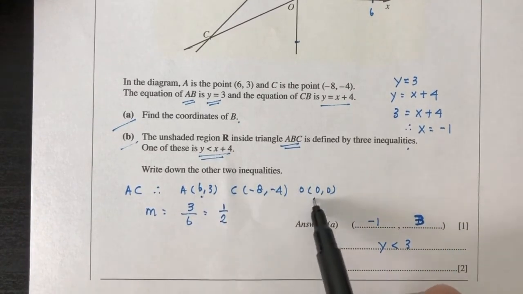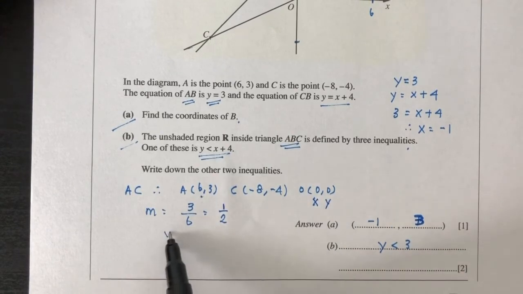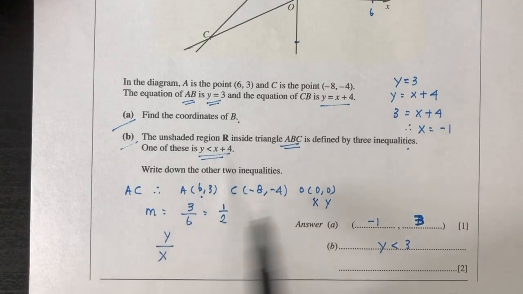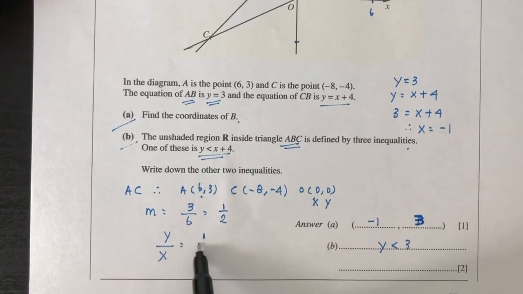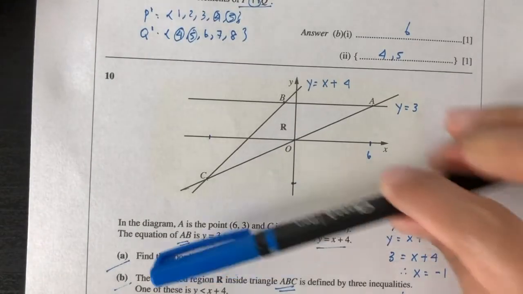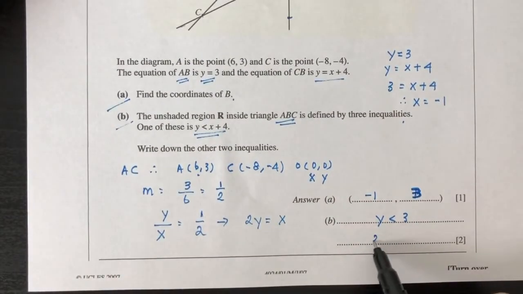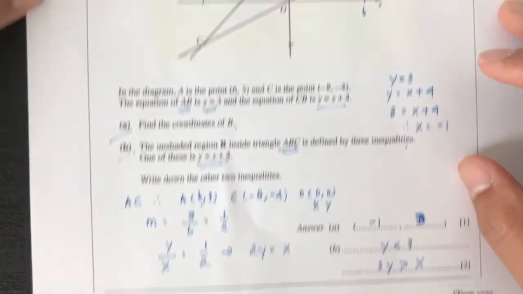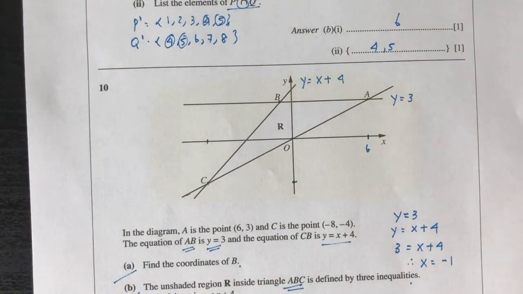Then we can just use x and y coordinates, so (y minus 0) over (x minus 0) equal to 1 over 2. That becomes 2y equal to x. As you can see, the region is above this line, so your inequality here will be 2y more than x. Those are the 3 inequalities that we need to define this region.